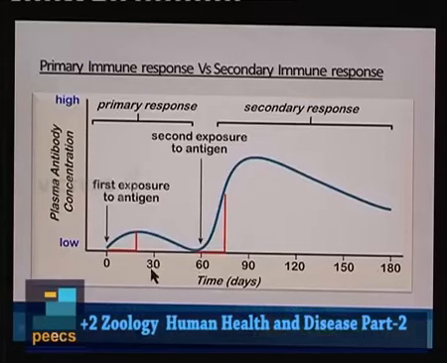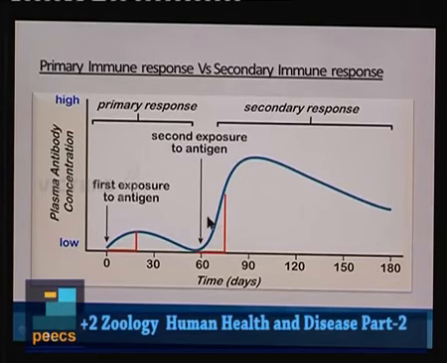Primary immune response happens when an antigen enters into a body for the first time, and because it is due to the first exposure of antigen, our immune system is not prepared, so it is comparatively of low intensity. As you can see in this picture, in the plasma the antibody concentration is comparatively low.